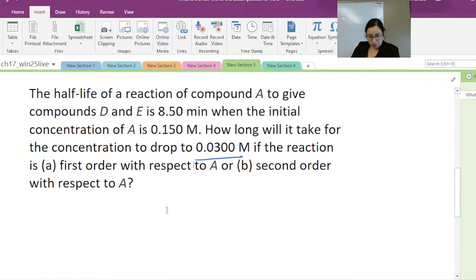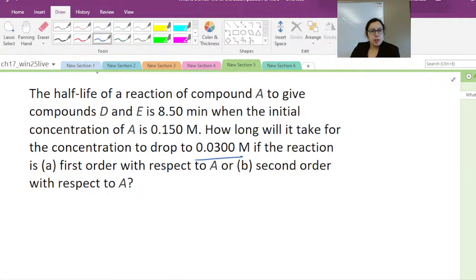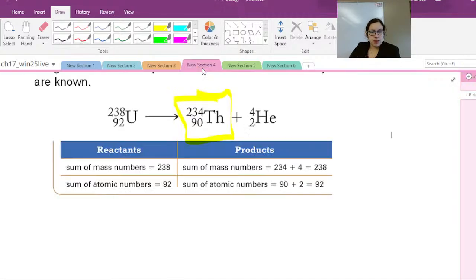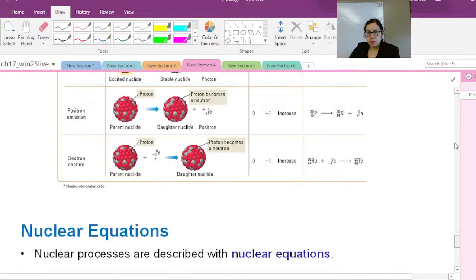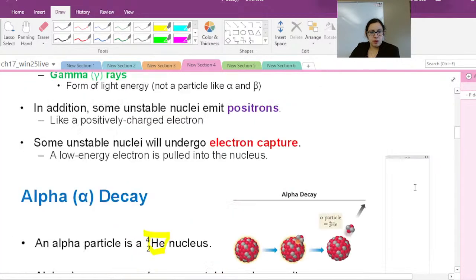Let's see how your first order is going. And so what do we maybe have to solve first? I'm trying to pull up the cheat sheet.